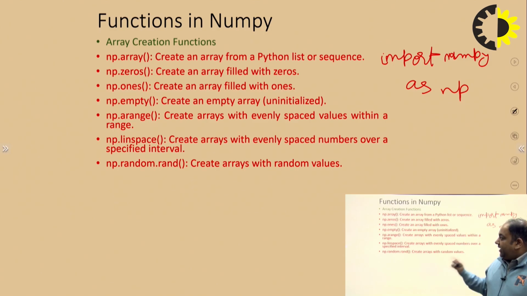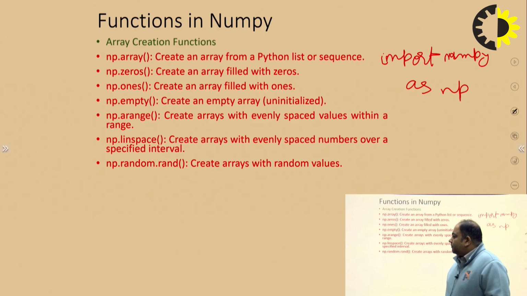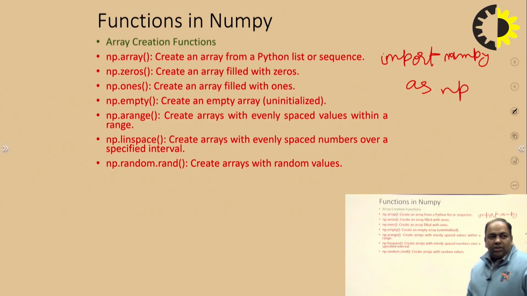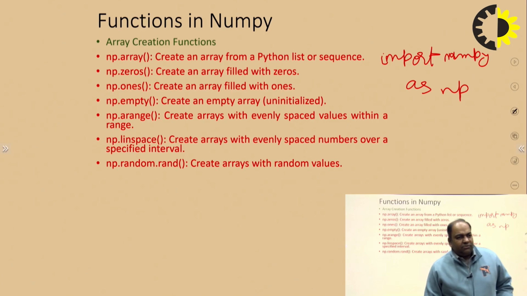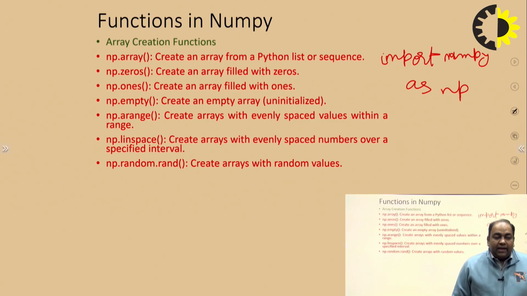So for array creation, these are the functions. np.array creates an array from a Python list or sequence. np.zeros fills an array with zeros. np.ones fills an array with ones. np.arange creates an array with evenly spaced values within a given range. np.linspace creates an array with evenly spaced numbers over a specified interval.